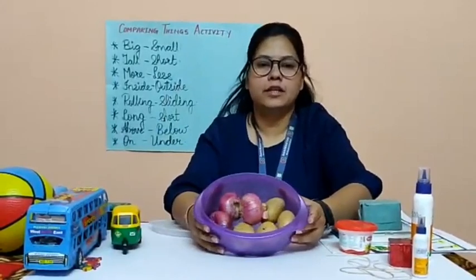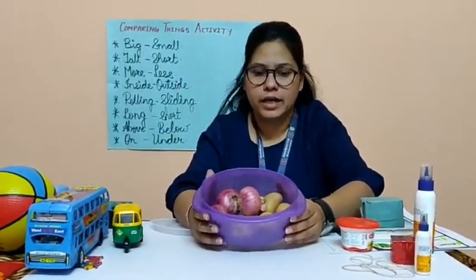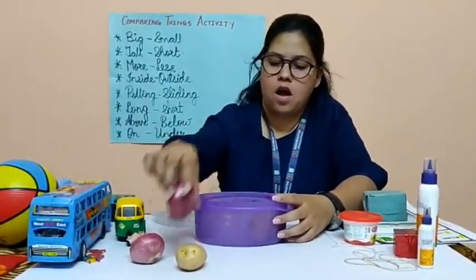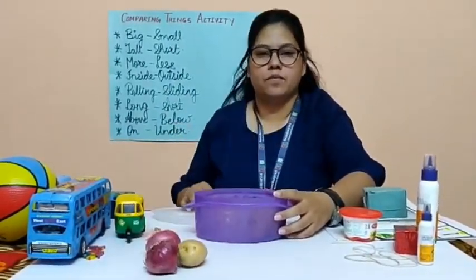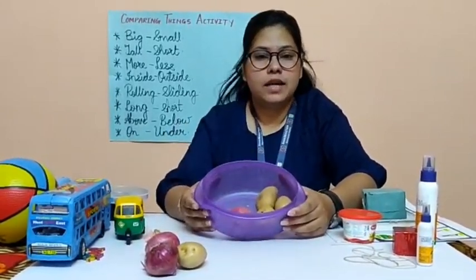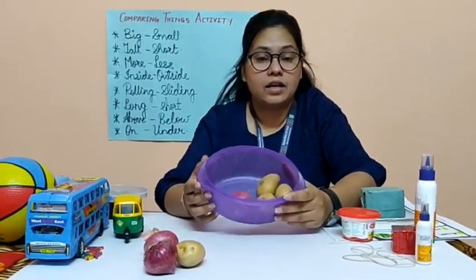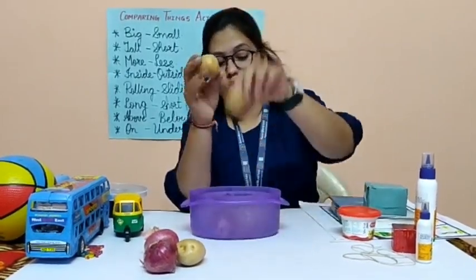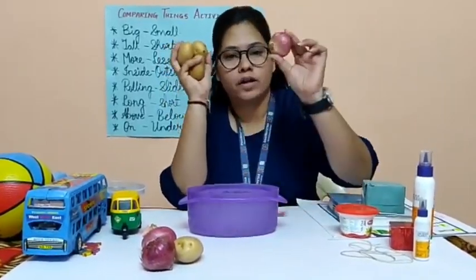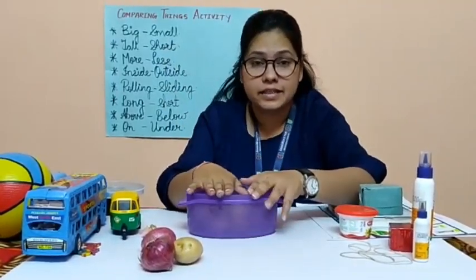Now I have one box. What can you see inside the box? Onion and potato. Yes, you are correct. I am going to take some of them out. Now what is there in the box? Yes, there are 3 potatoes and 1 onion inside the box, because they are inside the container.